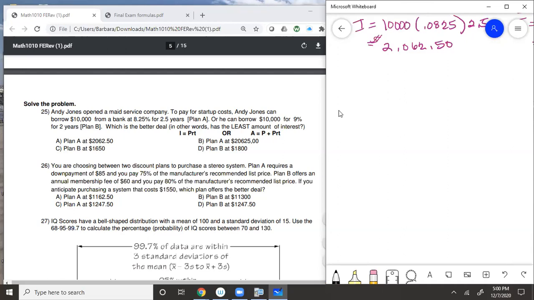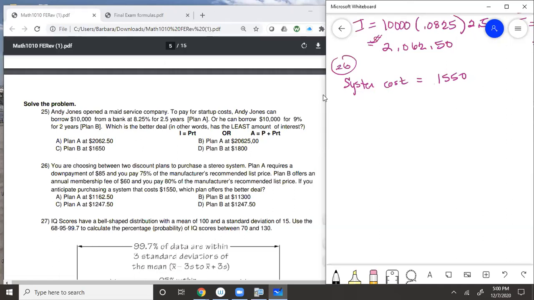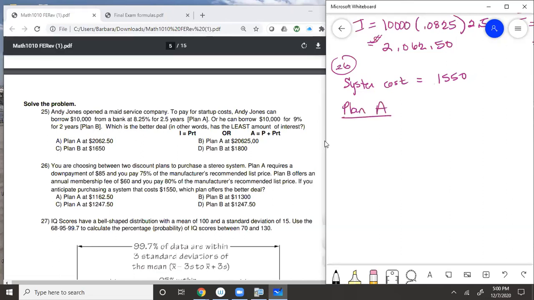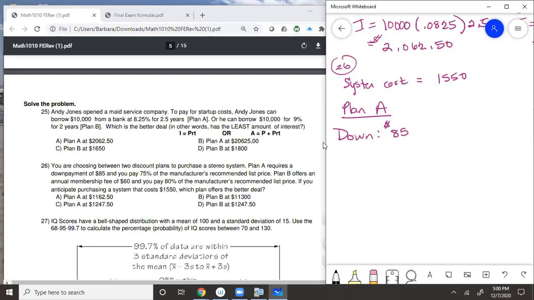Okay, so the cost of the system is $1,550, right? This is 26. All right, what else do we know? So Plan A has a down payment of $85, and then you pay 75% of the listed price.